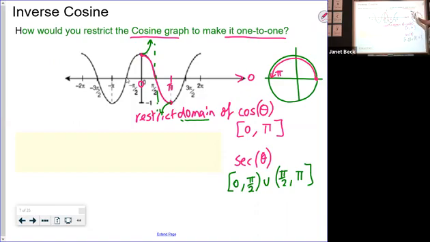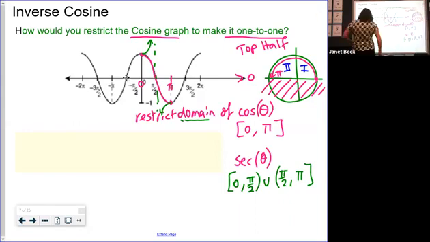So that's like the top half of the circle. I'm not going to give any answers that are in the bottom half, okay? So I'm going to be working with only quadrant 1 and quadrant 2.